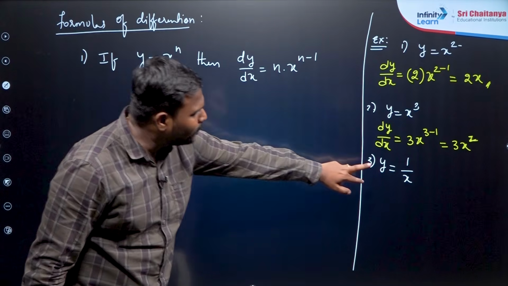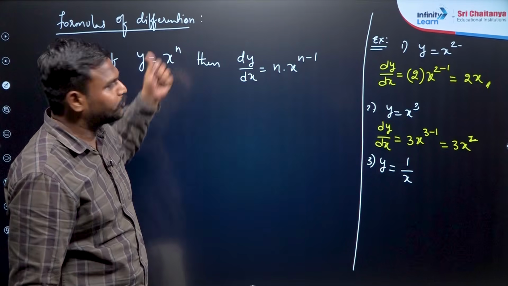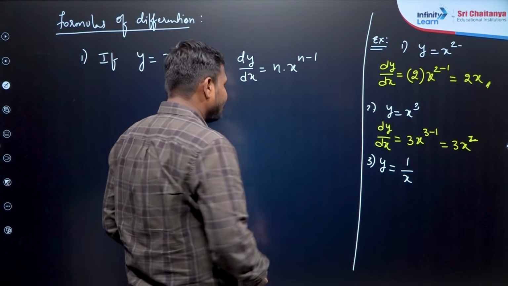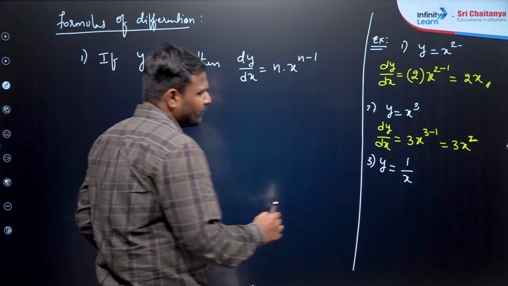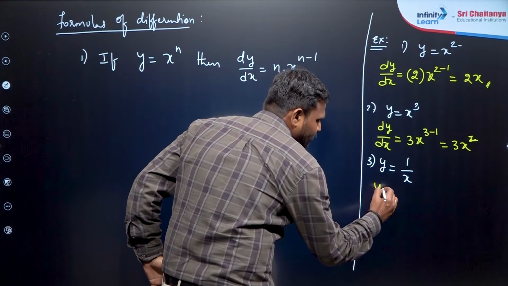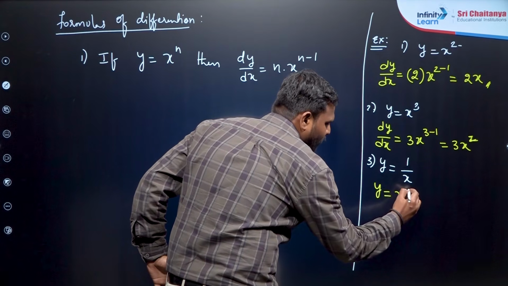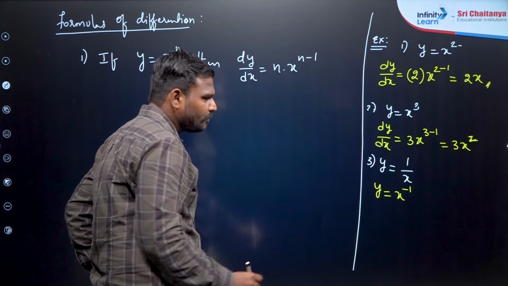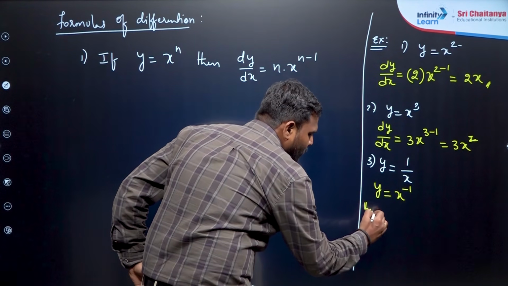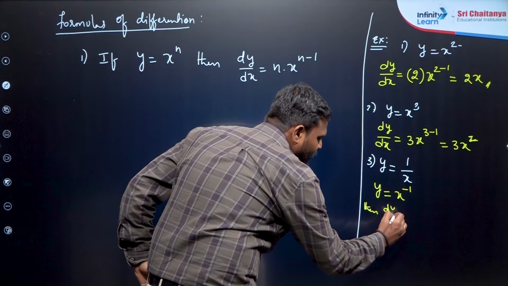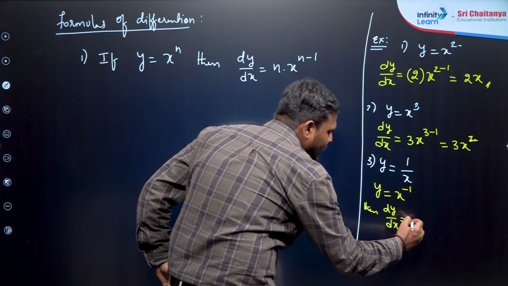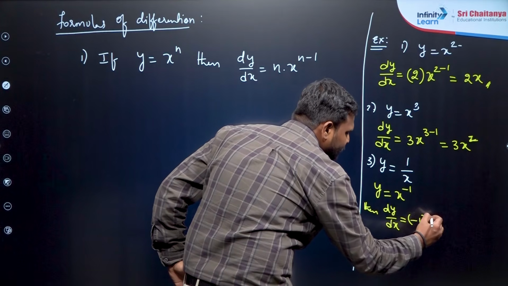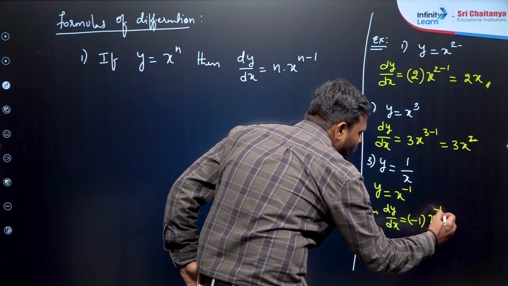Now I want to bring this in the form of x power n. So if I bring this in the form of x power n, the function is becoming x power minus 1. Then tell me, sir, what is the derivative? dy by dx is equal to, multiply the power and subtract 1 from the power.